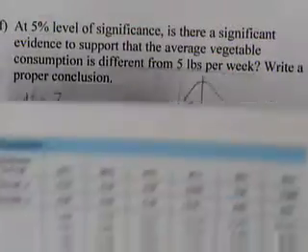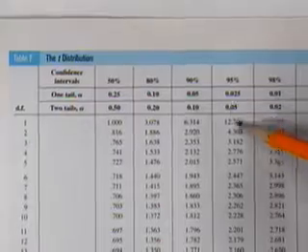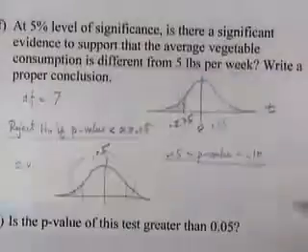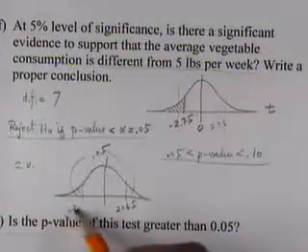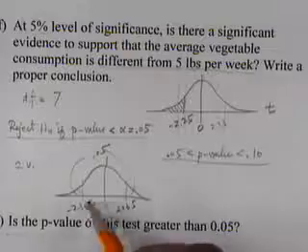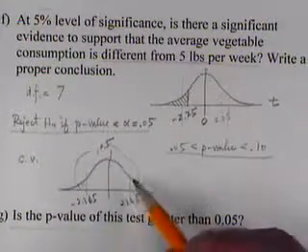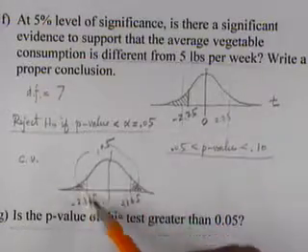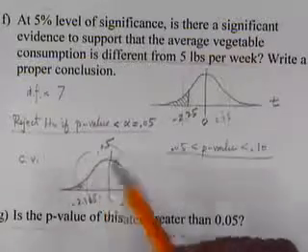You come to this table. For two tail area 0.05, what will be the t-score? 2.365, right? That means if you have 2.365 here and negative 2.365 here, these should be the cutoffs. If your test statistic is greater than 2.365 or less than negative 2.365, then your test statistic is in the rejection region. You reject the null hypothesis.